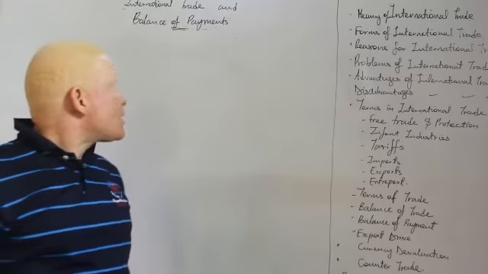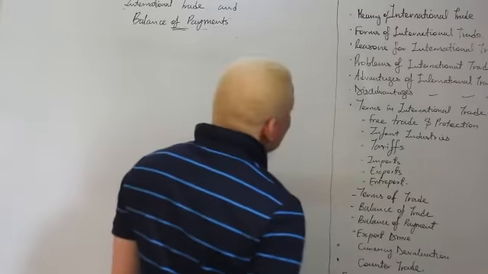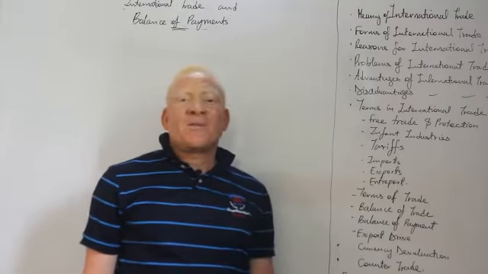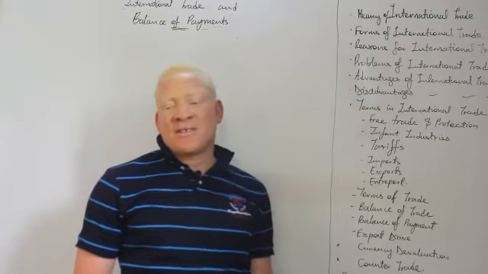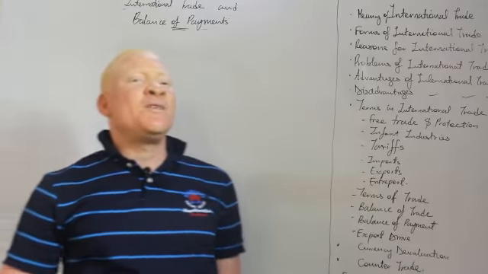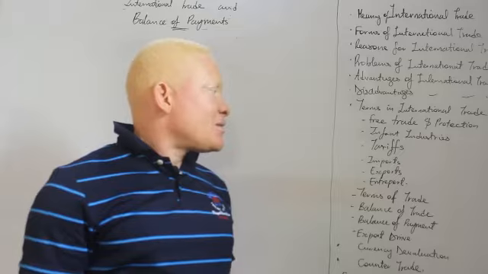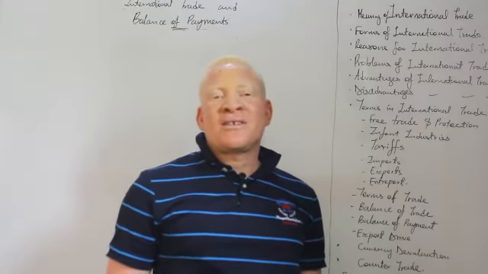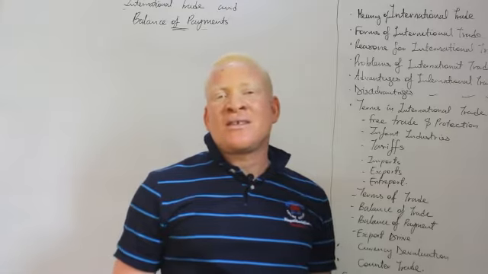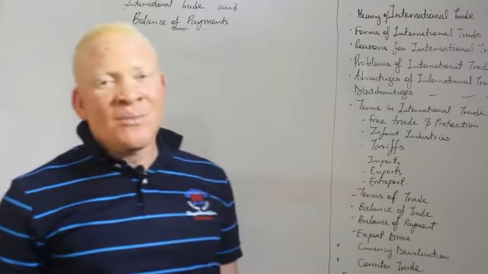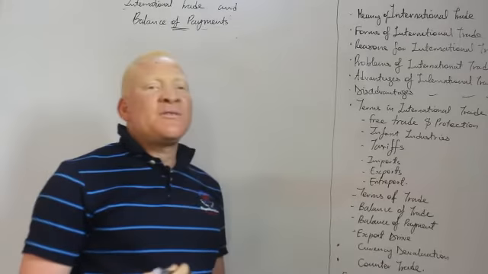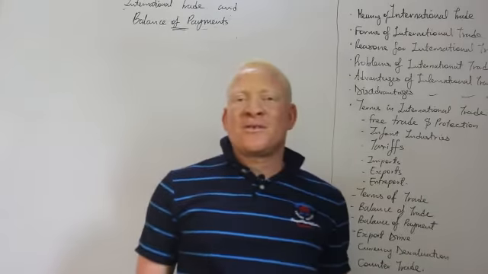Now, the next point we'll look at from our subtopic is advantages of international trade. We'll just take a few of them, because from the reasons for international trade, we will be able to get certain advantages that engaging in international trade brings about. Number one is that there is redistribution of resources.